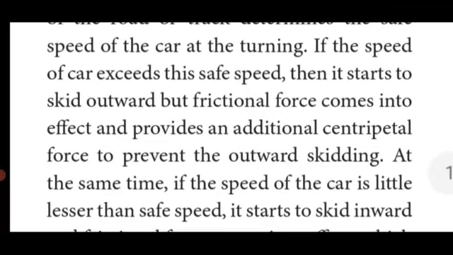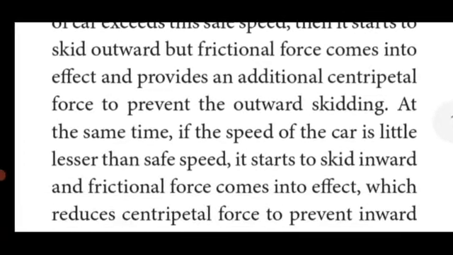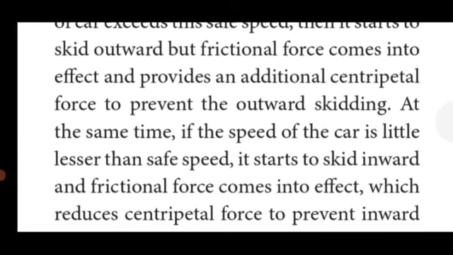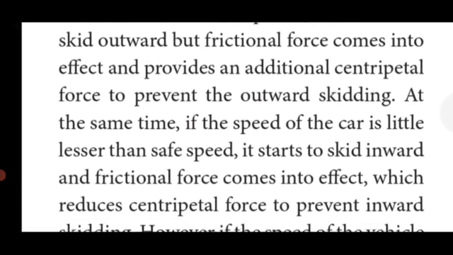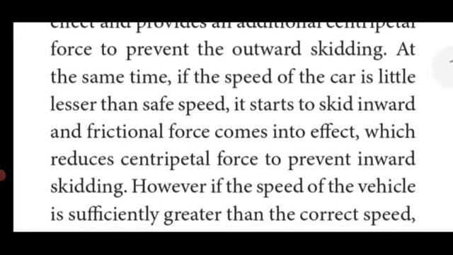At the same time, if the speed of the car is a little lesser than the safe speed, it starts to skid inward. There also the frictional force comes into effect, but here it reduces the centripetal force to prevent the inward skidding.